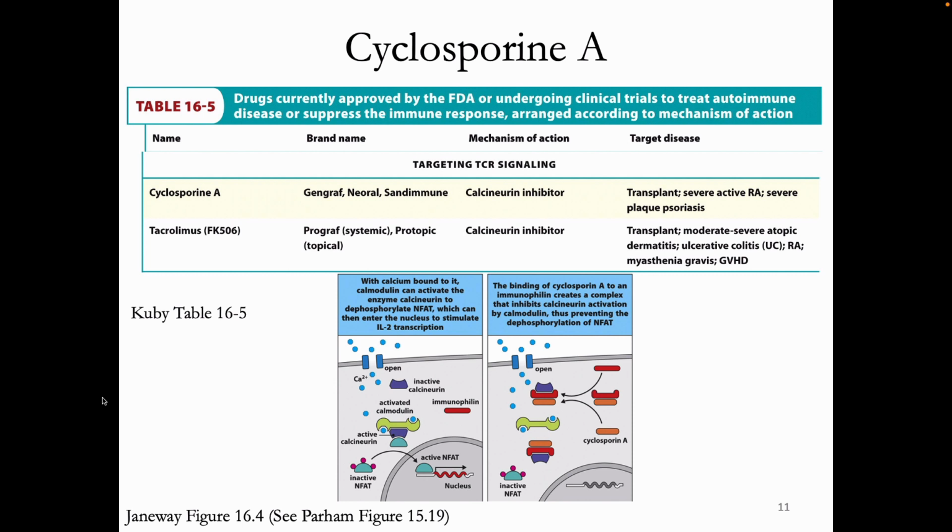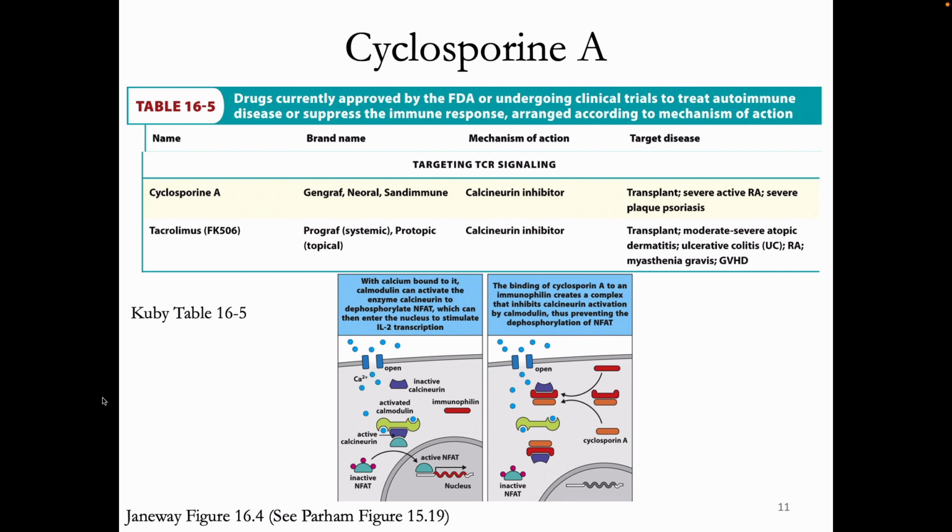The main drug that is used in treating transplant recipients is cyclosporin A. So cyclosporin A is shown at the bottom of this slide. At the bottom, you can see the calcium, calmodulin, calcineurin pathway that leads to turning on NFAT.